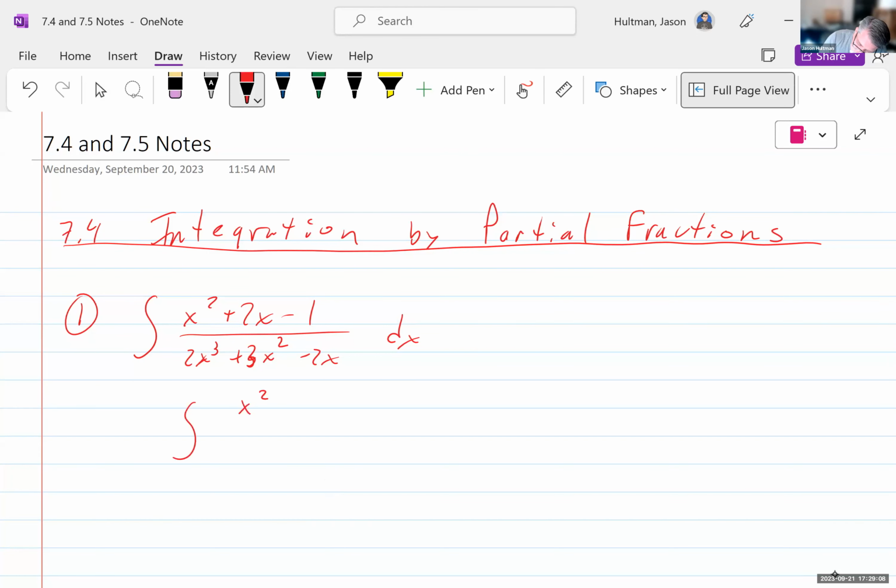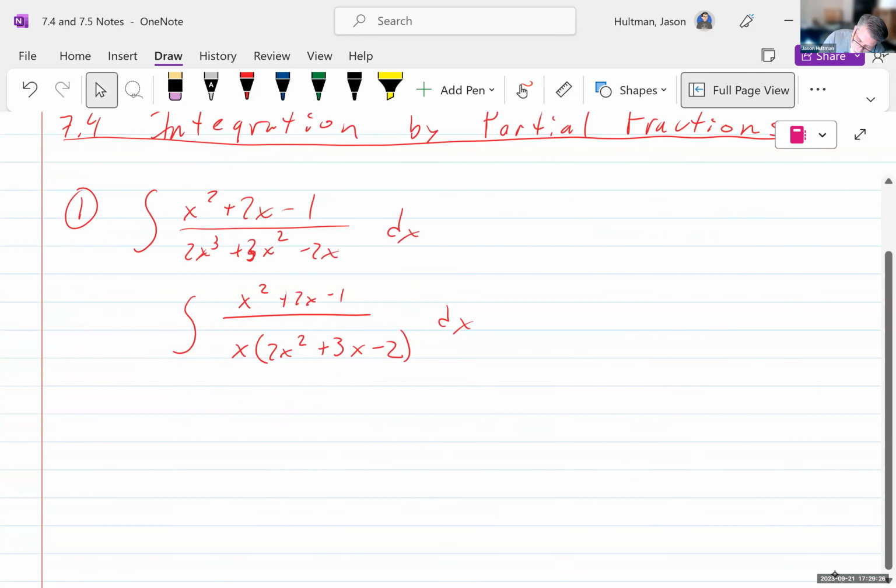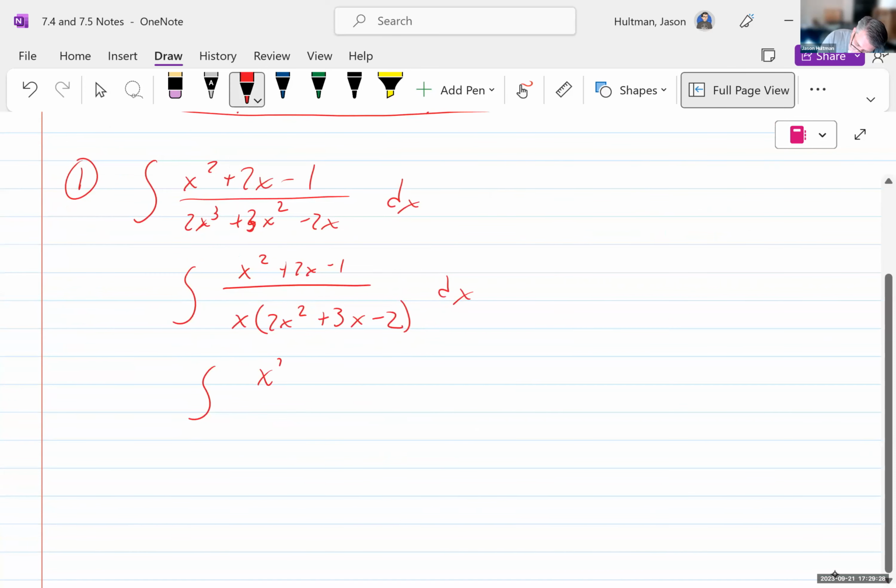And I'm going to get x squared plus 2x minus 1 all over, pull out an x, I get 2x squared plus 3x minus 2 dx. Let's factor that guy. x squared plus 2x minus 1 all over x times 2x minus 1 times x plus 2.